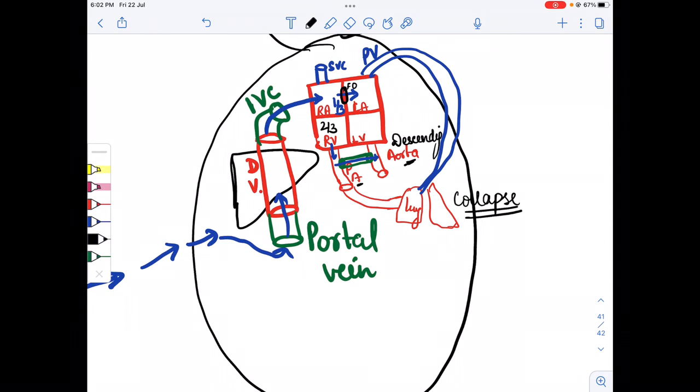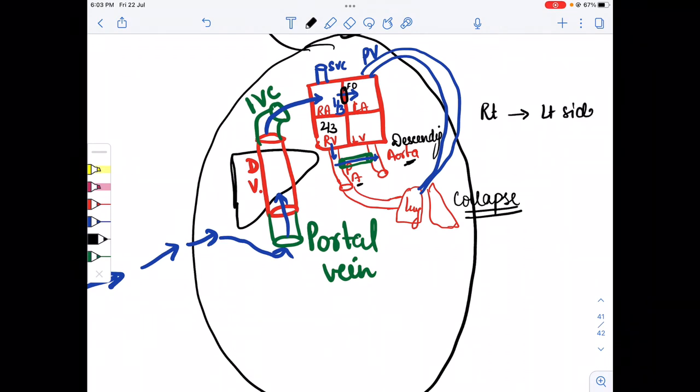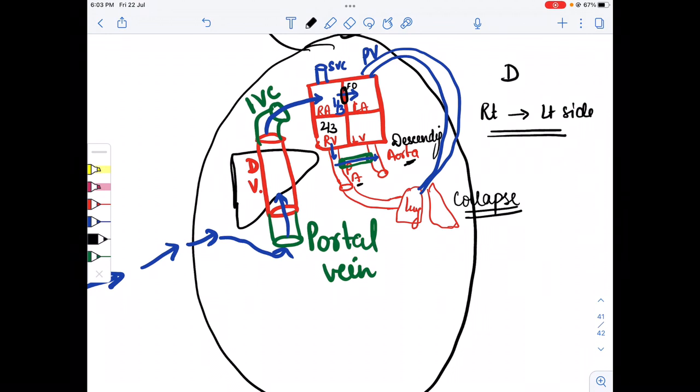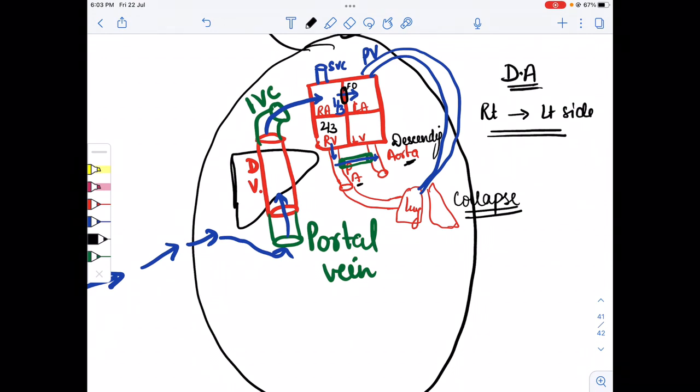So the direction of blood flow is from the right side to the left side, because the lungs are not functional. Lungs are collapsed in the fetus. That's why the direction of blood flow through the ductus arteriosus is right to left in the fetal circulation.